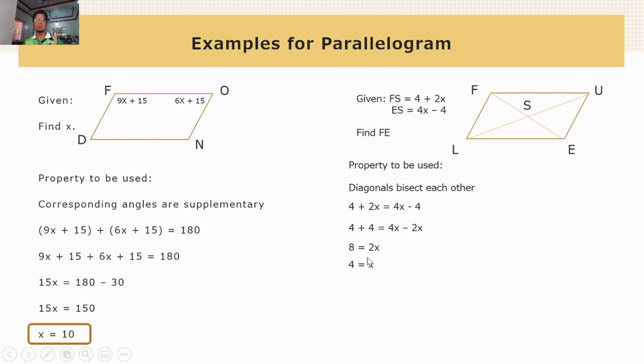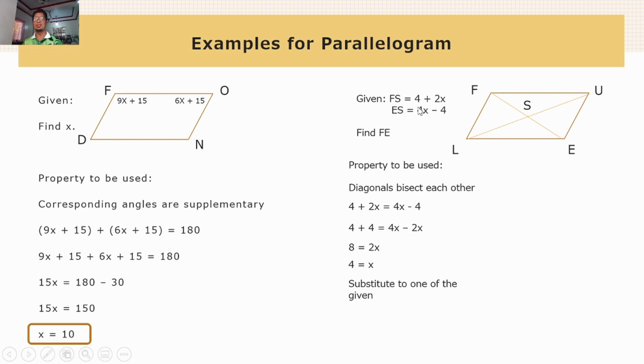Now, most of the learners stopped here kasi nakuha na raw nila yung value ng x. Which is wrong. Bago po ninyo i-finalize yung sagot nyo, look back dun sa hinahanap. Find Fe. It's not find x, but find Fe. Ano raw yung sukat ng Fe? So what we're going to do now is to substitute to one of the given. Alin? Yung value ng x. Mamili lang po tayo kung saan mo gustong i-substitute.